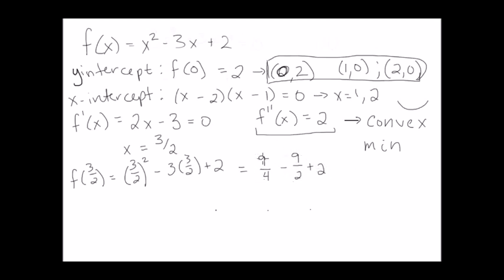Notice that this leaves us 9/4 minus 9/4, so that's equal to 2 minus 9/4. And I'm going to rewrite this 2 as 8/4, okay? So that when I subtract, I get negative 1/4, which means that I have a local min at 3/2, negative 1/4.